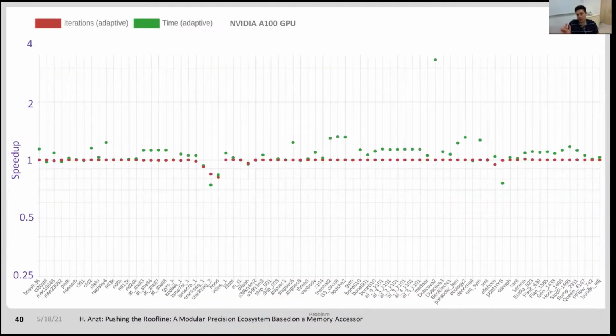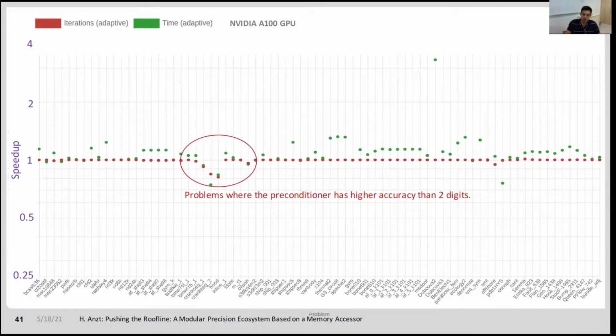If I now look at the complete set of test matrices, I show here the iterations, and I show the speedup, and numbers above 1 are good. So numbers below 1 means for the iterations that I need additional iterations. And there are actually a few. And these are block diagonal systems.